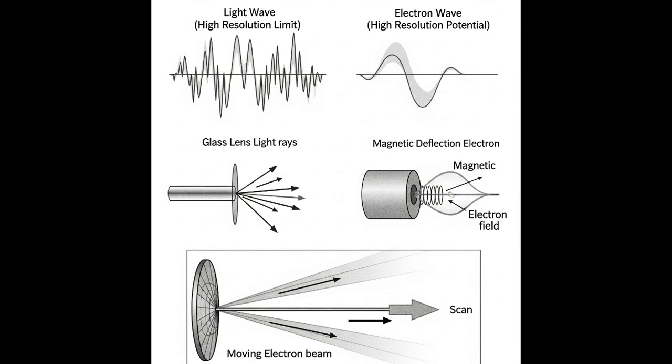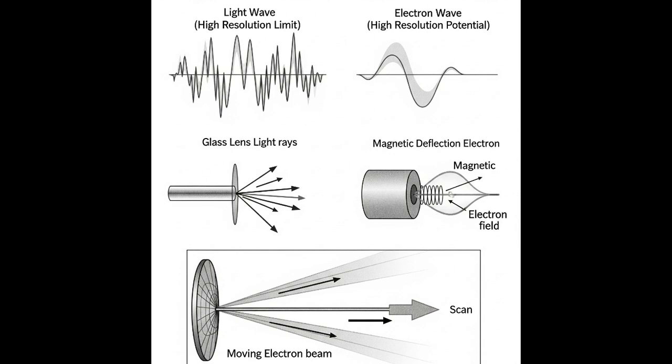In the middle, we illustrate how these different waves are focused. Light uses traditional glass lenses that refract and bend light. Electrons, being charged particles, are manipulated by electromagnetic lenses, giving us much finer control over the beam.